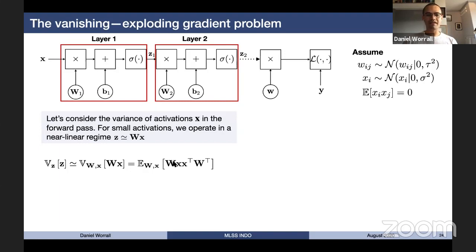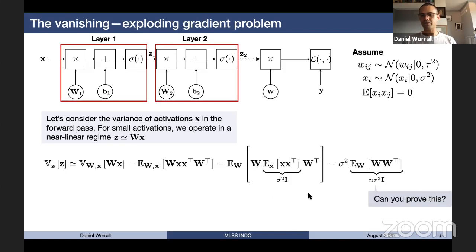If you work out the variance, there's a rule for this. We don't have to subtract a mean squared part here because we're assuming zero mean x's. If you work this out, expectation with respect to w and x, you can work this all out and you get some law depending on the number of elements in x.